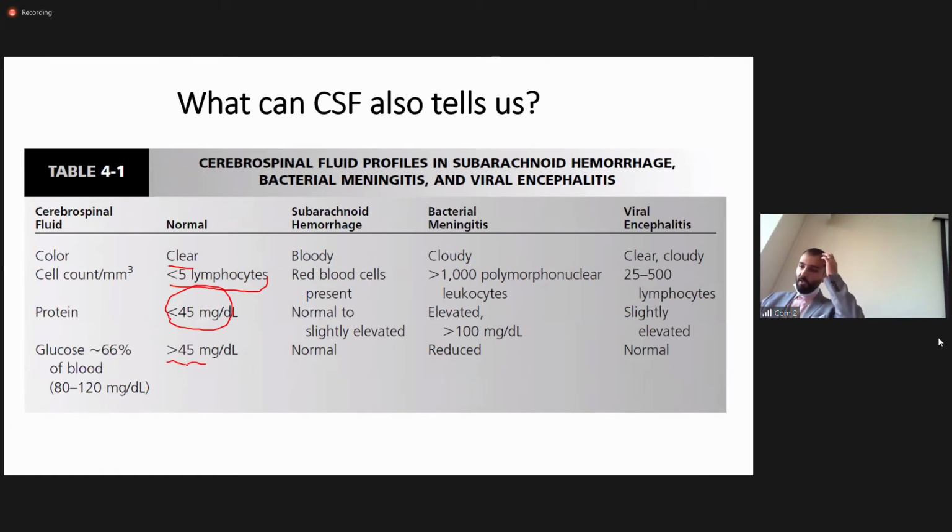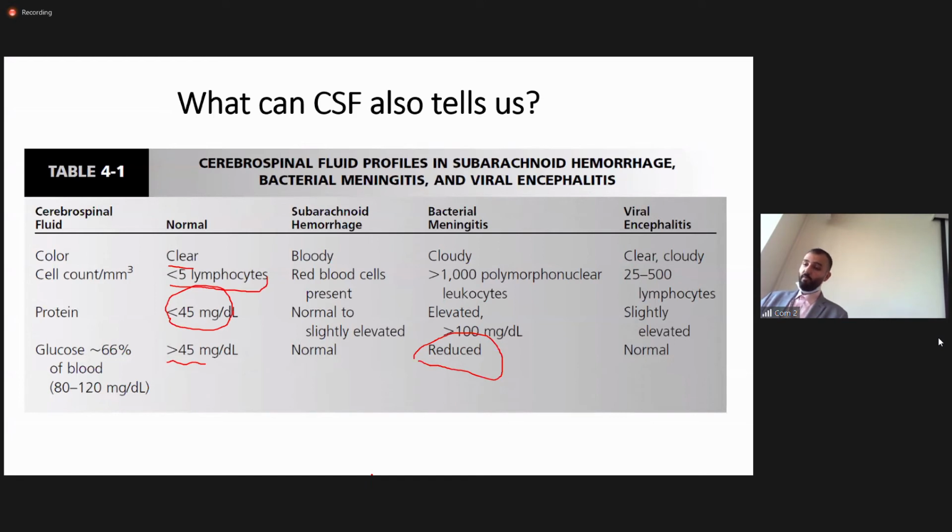Now, it can be used to diagnose many diseases. Like in the case of bacterial infections, there would be, for example, a reduced glucose because the bacteria love glucose, okay? And so usually CSF would look cloudy, okay? And there is reduced glucose in CSF.